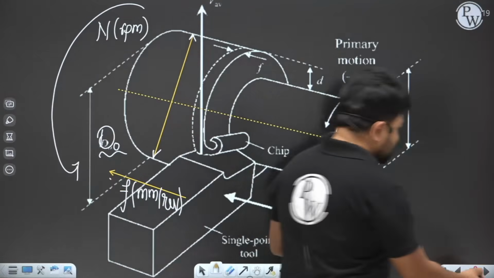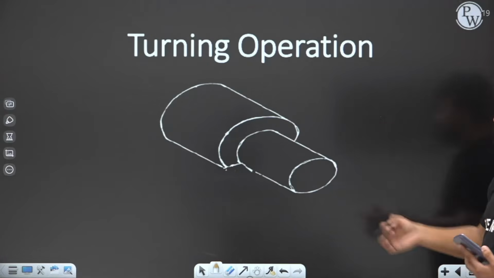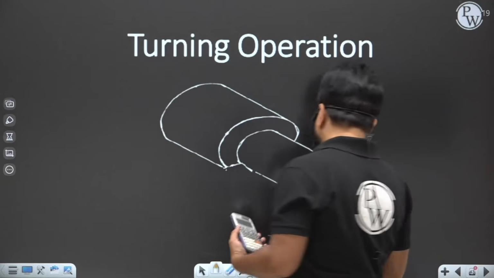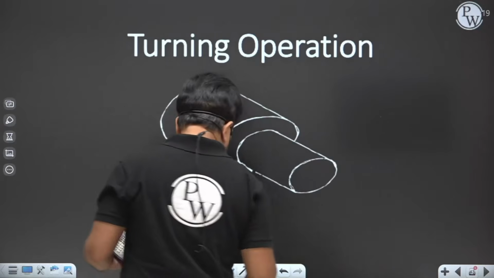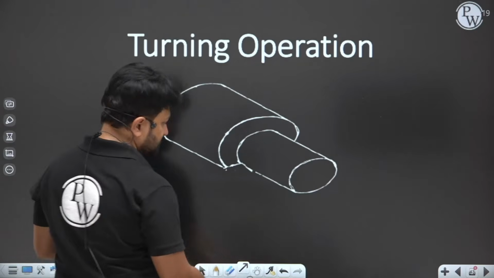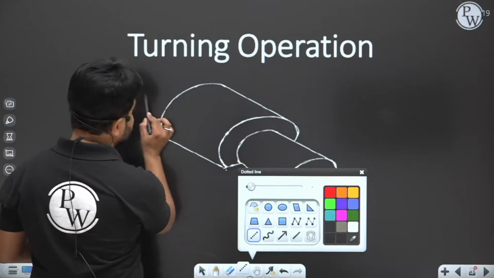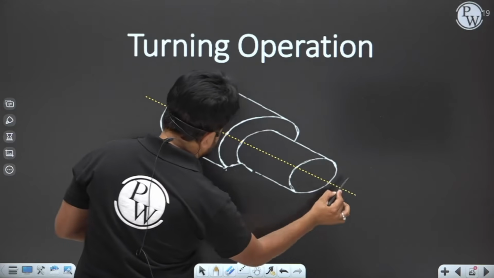Now, dear student, in the turning operation, first of all, we have to understand some forces. This is the axis of rotation.